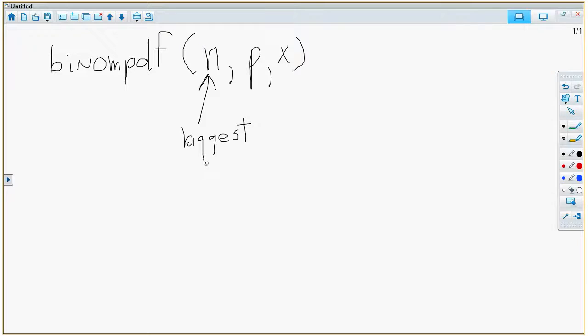Biggest number is usually going to be N. P is going to be your percentage or your decimal. Now, every once in a while, a teacher or a book or a test question will say 25 out of 100. Well, they give you 25 over 100. What is that? 0.25 or 25%. So you have to type it in as 0.25.